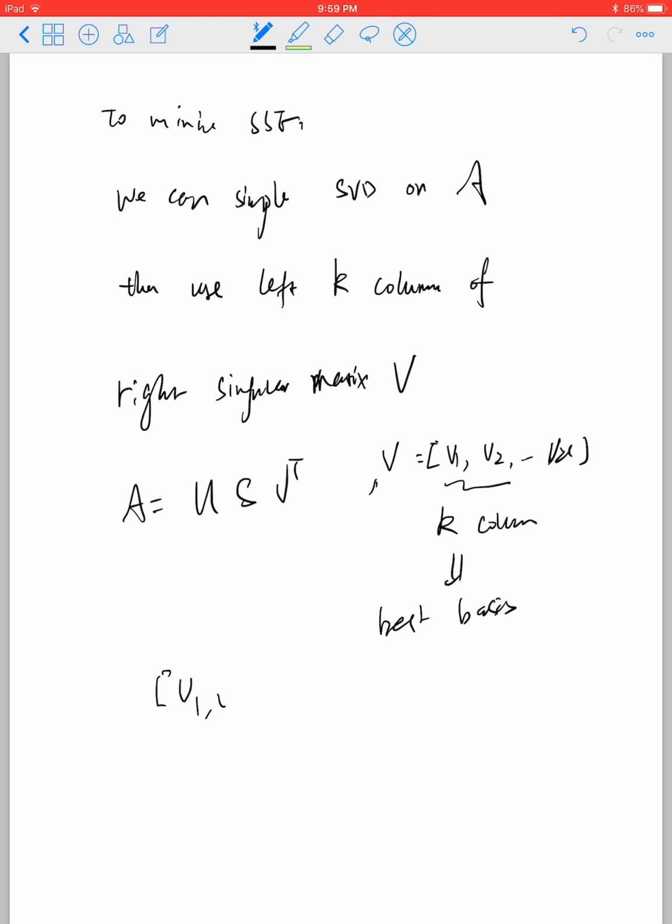It has D columns. We just choose the first K columns as our best basis.